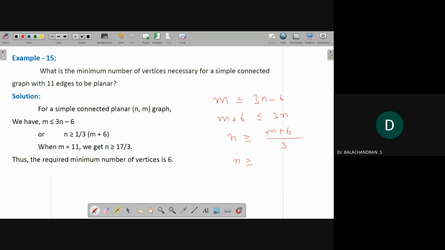So 11 plus 6 by 3 is 17 by 3. Hence n is greater than or equal to 17 by 3, and n should be an integer. So this is 5 point something, and hence the minimum number of vertices should be at least 6, because n is a positive integer.